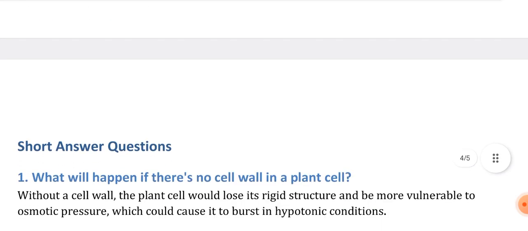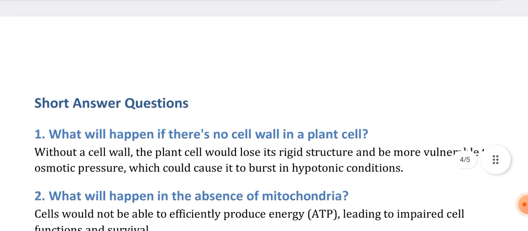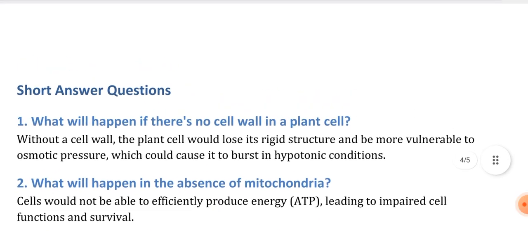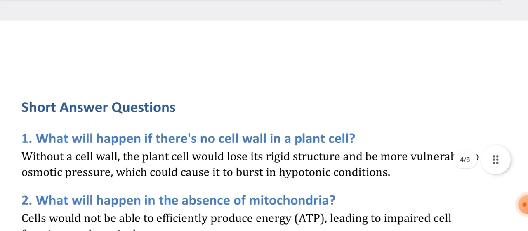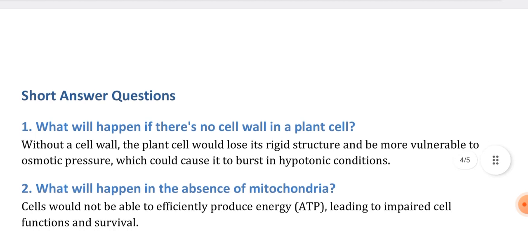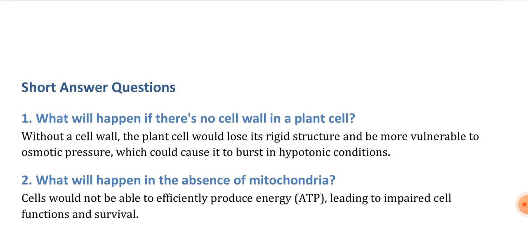Go through it. Now some questions can be asked, some tricky questions. What will happen if there is no cell wall in a plant cell? So you have to answer accordingly. You have to think about the function and importance of the cell wall in the cell. Then you have to answer what will happen if the cell wall is absent.